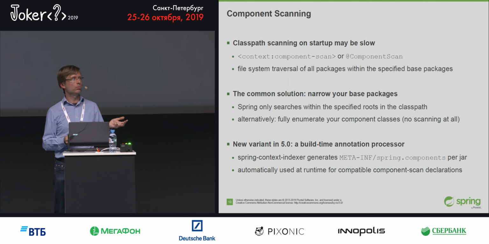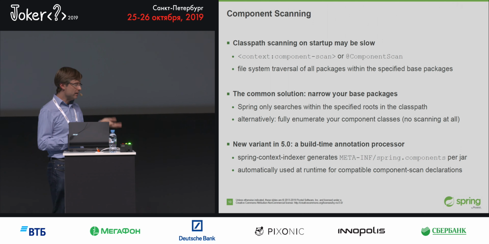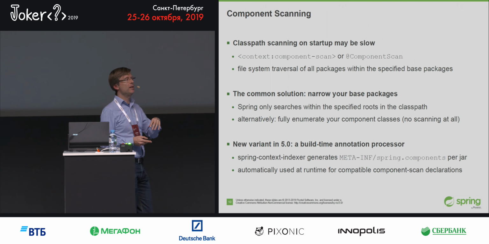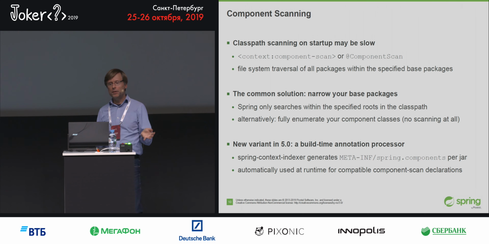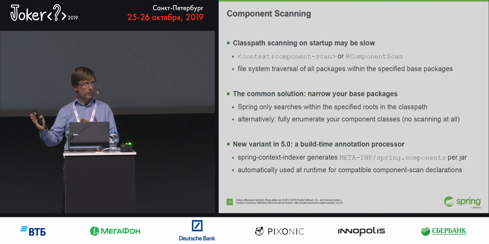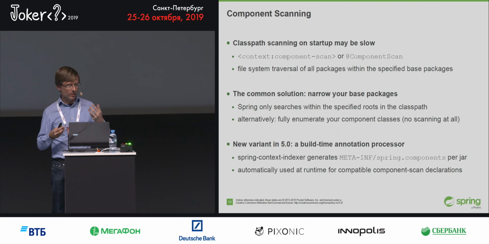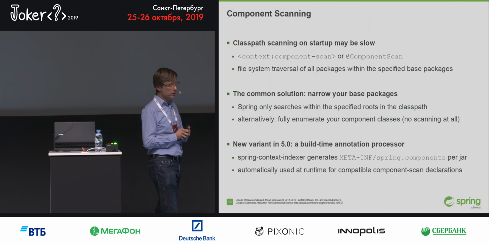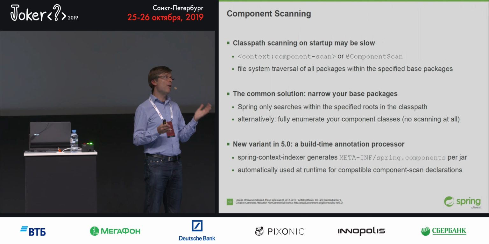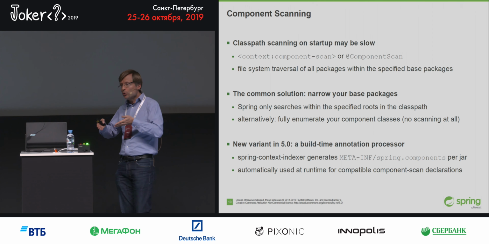It may be slow. If it's a local file system, no JVM security manager, it might be very fast, but depending on where you deploy, it might also show as a significant effect on startup. There's two recommendations here. One of them, a very general one: we allow for specifying base packages to search from.